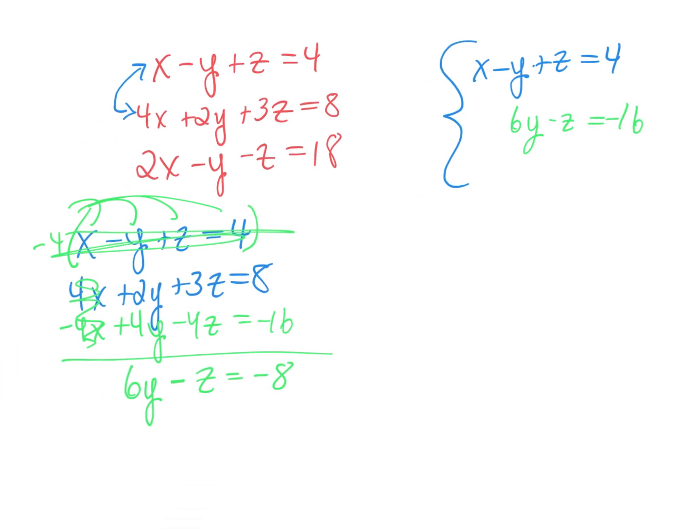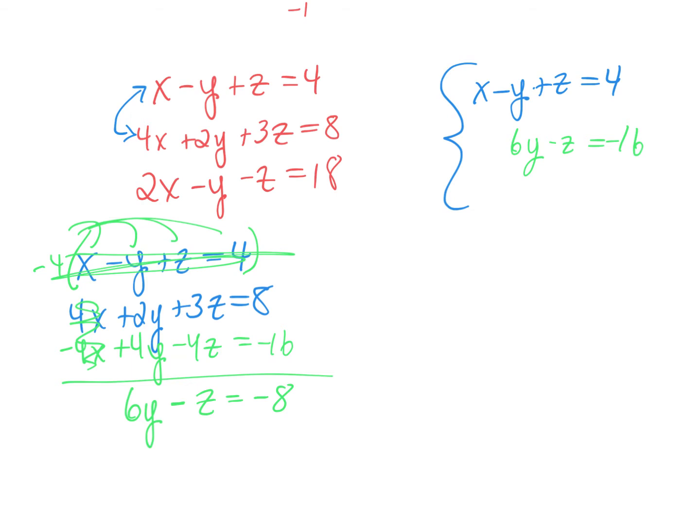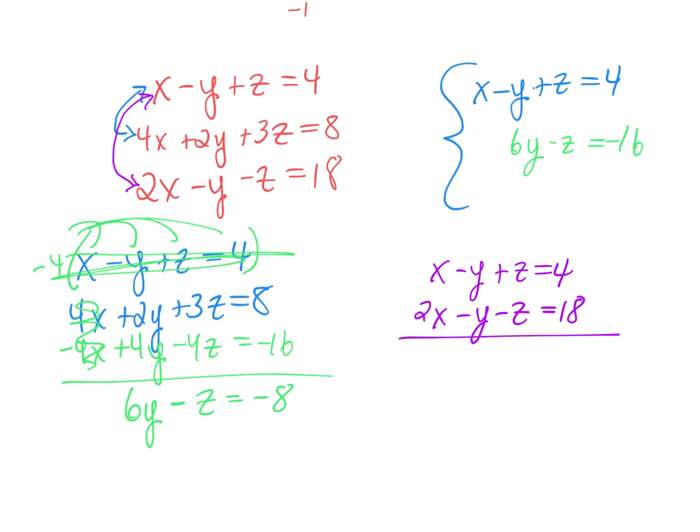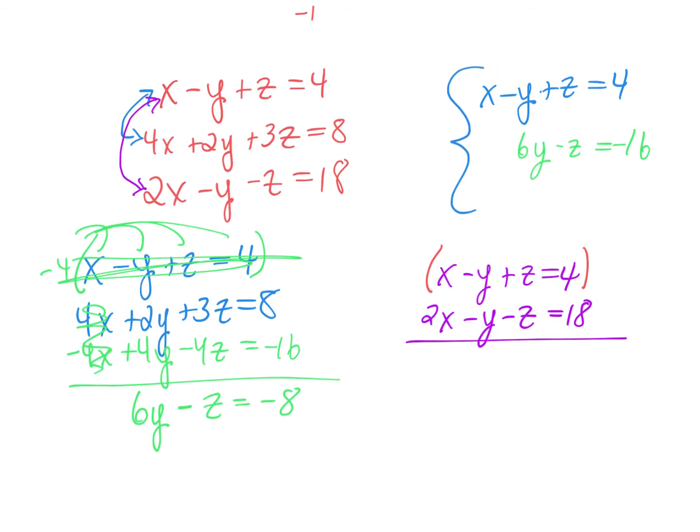So we're going to have to do a 2-step process. We're going to have to take the first and the third and eliminate x's. So let's do that. x minus y plus z equals 4. And 2x minus y minus z equals 18. What would I have to multiply the top equation by so that my x's cancel out? -2.